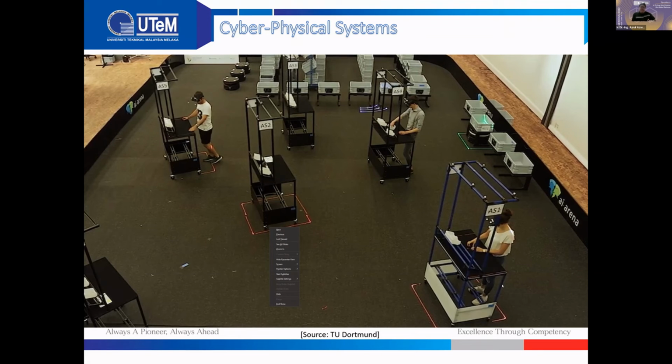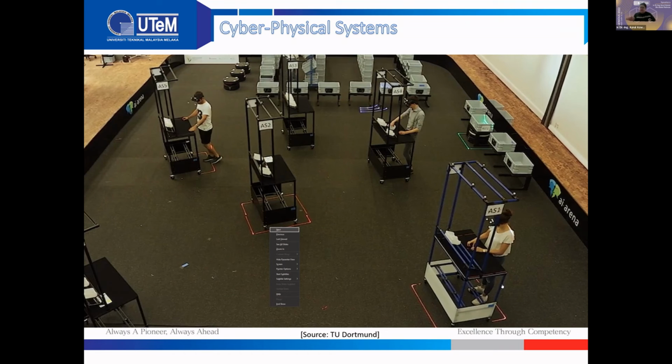So this is another example of a cyber physical system, and before this we already saw the cyber physical production system developed by Siemens. I believe from this you will get some idea of what exactly a cyber physical system is and why it's really important for Industry 4.0 to have this cyber physical production system.